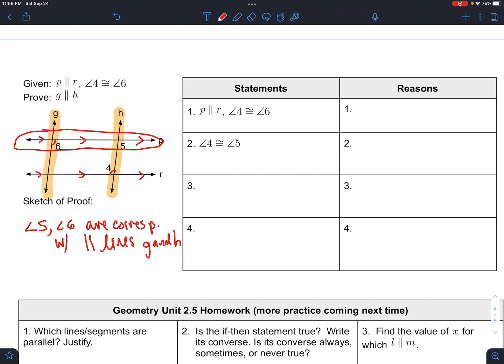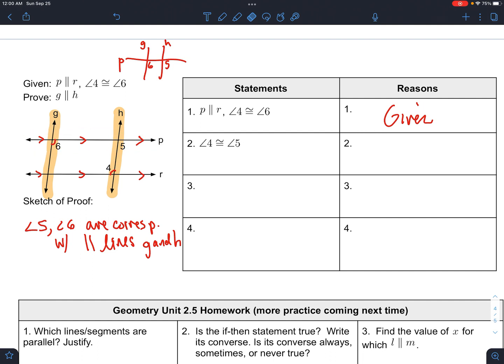So recognizing that 5 and 6 are corresponding angles, if you just look at this picture, is huge. So like P is the transversal, right? If you have 6 and 5, those are corresponding. So that's what we could probably incorporate in our proof somewhere. So this is given. And then it actually starts off somewhere different, saying that 4 and 5 are congruent.